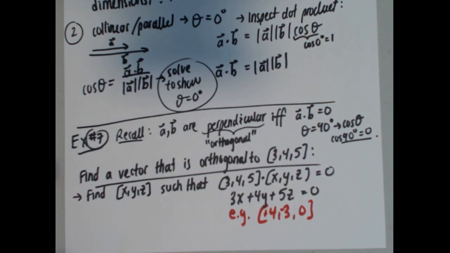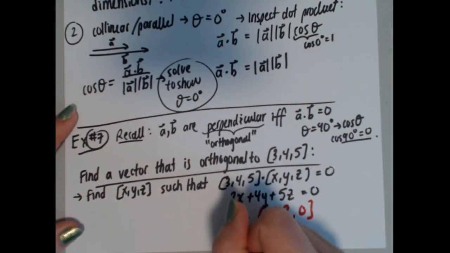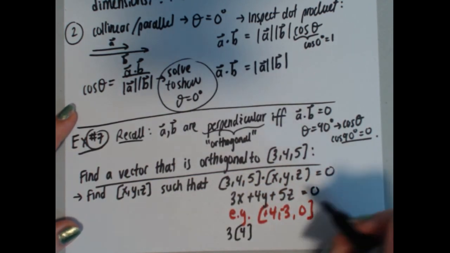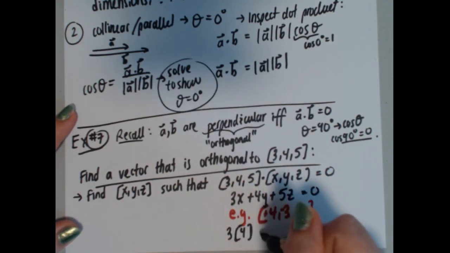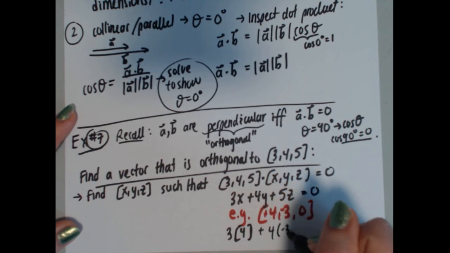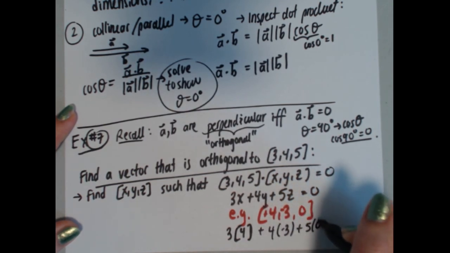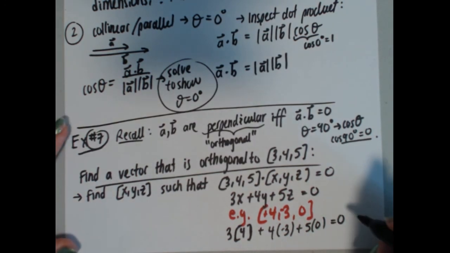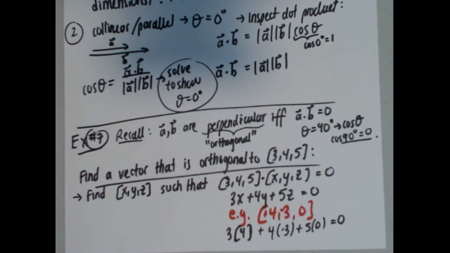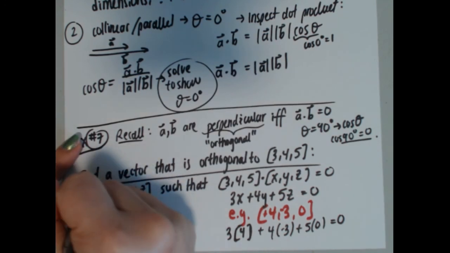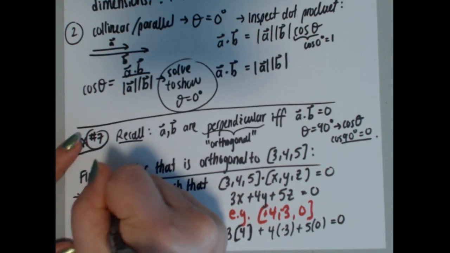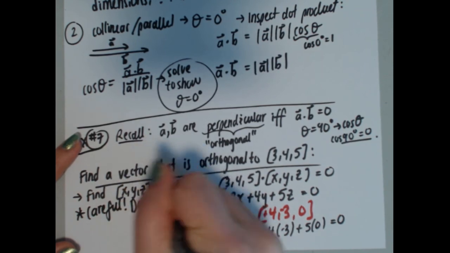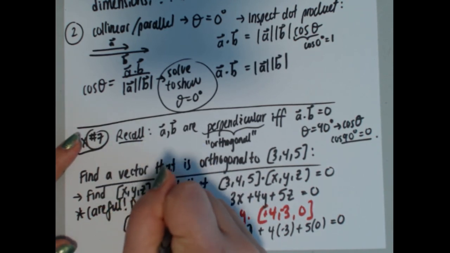Okay, so why does that work? Because if you have 3 times 4, and actually the other one would have worked too, 3 times 4 plus 4 times negative 3 plus 5 times 0, that's positive 12 minus 12 plus 0 equals 0. Okay, and that's exactly what you want. What you have to be careful of, don't use (0, 0, 0).